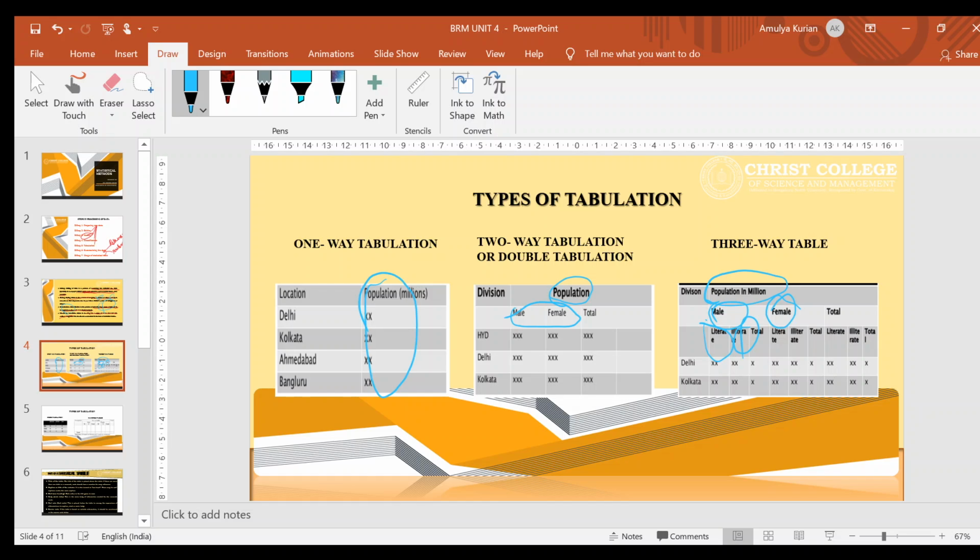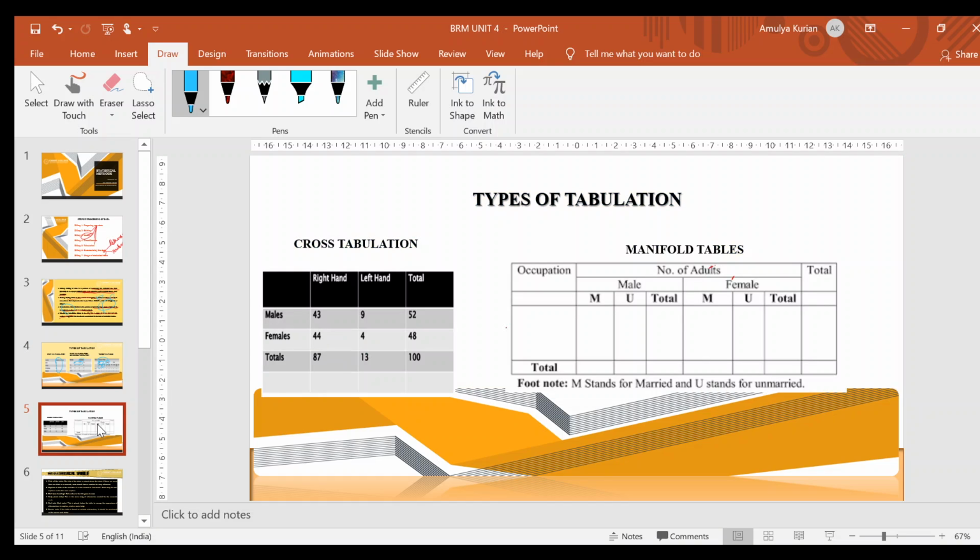And the next type of tabulation is cross tabulation. Okay, cross tabulation is a method to quantitatively analyze the relationship between multiple variables. It is also known as a contingency table or cross tabs. It is used to understand the correlation between different variables. For example, this is a cross tabulation, where you are seeing gender as well as right hand or left hand.